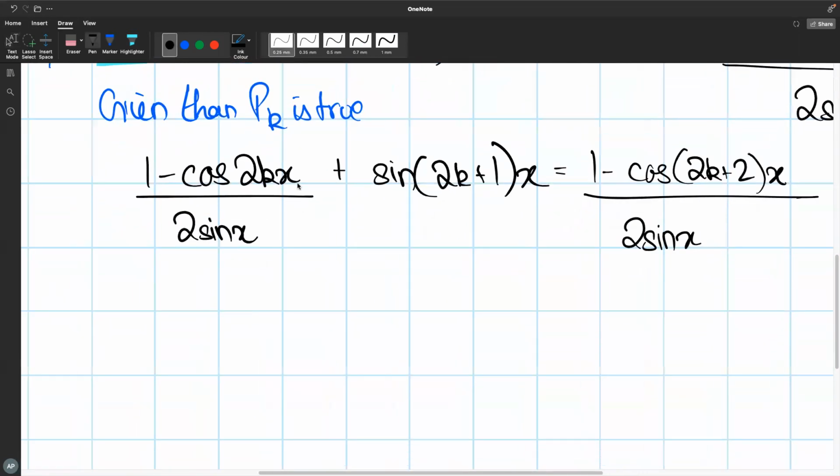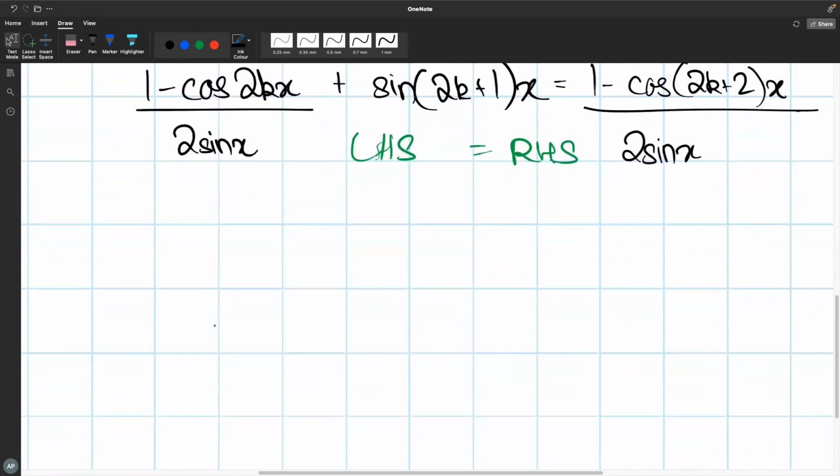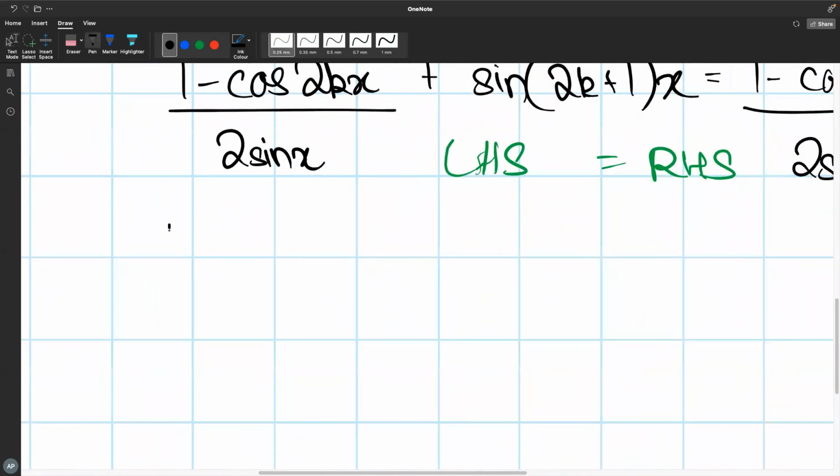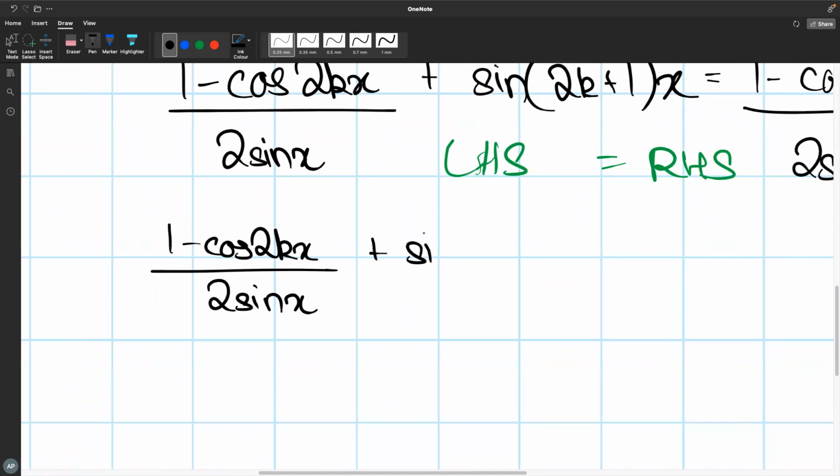Now to solve this question, we will take the left-hand side and equate it to the right-hand side. So the left-hand side is 1 minus cosine 2kx over 2 sine x plus sine (2k plus 1)x, and we must equate that to the right-hand side.